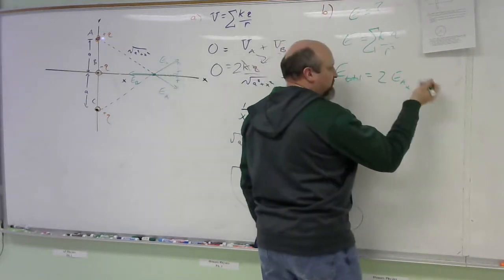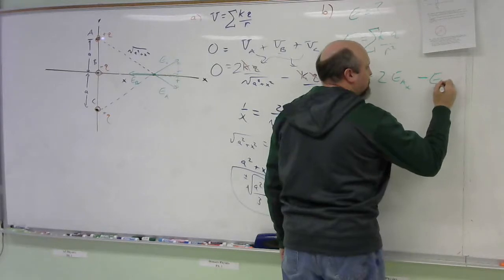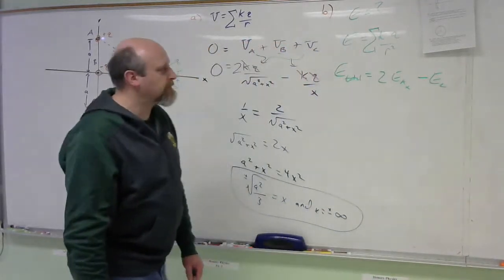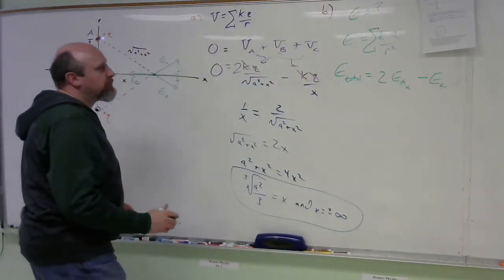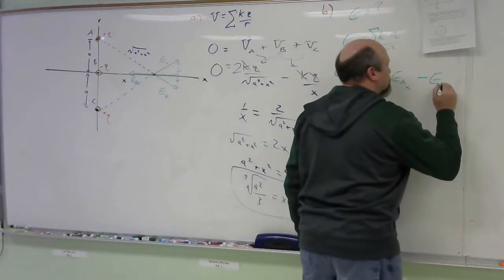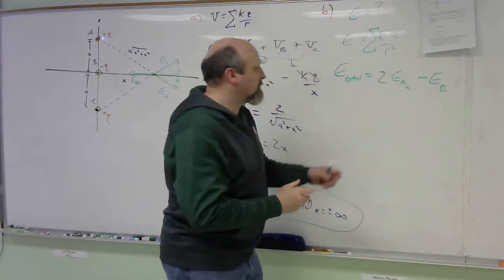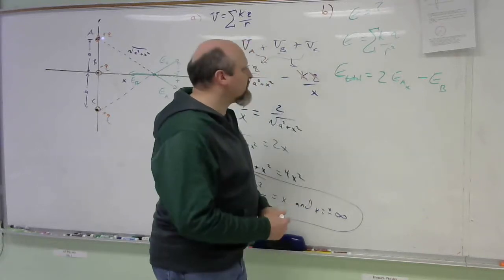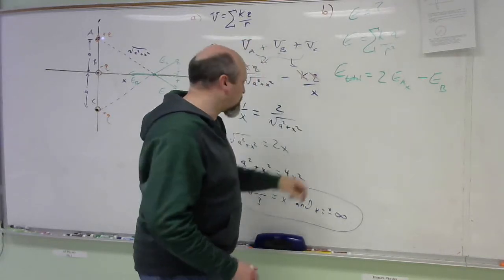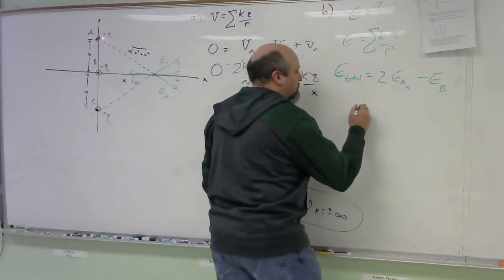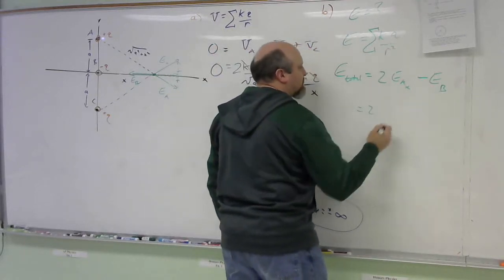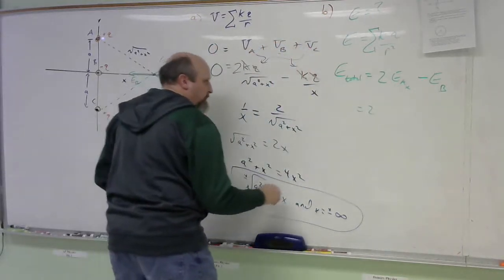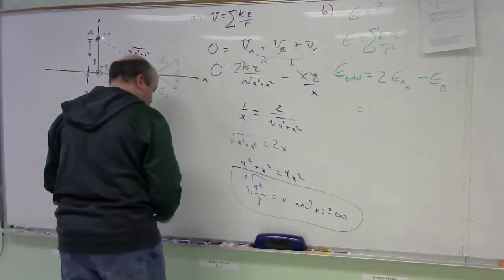I'm going to manually put the sign for direction on myself right now. The E from B is going to go to the left. So EA in the x and EC in the x are the same size, so I just double one. Now I just want the x component. So how do I calculate that?